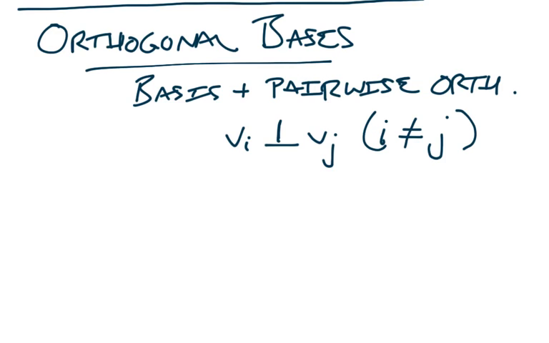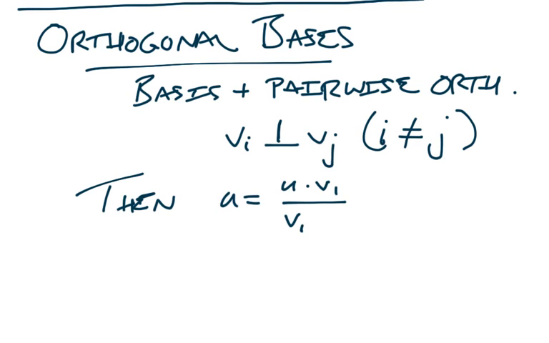So once you have this, we get something really quite impressive. Then u has a very specific decomposition in terms of these basis vectors, and this is what we saw in the last video. These coefficients can be very explicitly calculated.